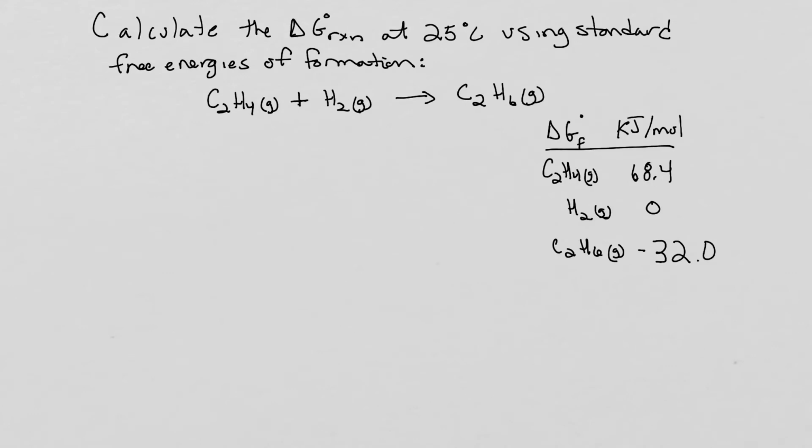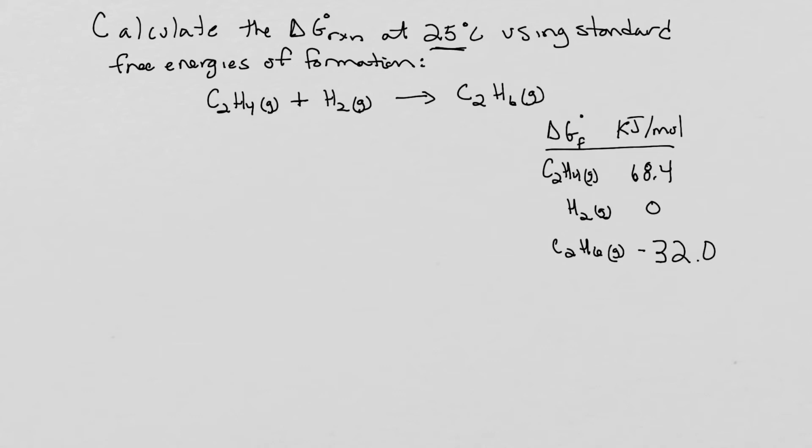So now I want to do a couple of practice problems calculating delta G. In this first problem, it says calculate the delta G of reaction at standard state at 25 degrees Celsius using standard free energies of formation. It tells us that we're going to use this data in the back of the book, but as a reminder, we can do that because we're at 25 degrees.